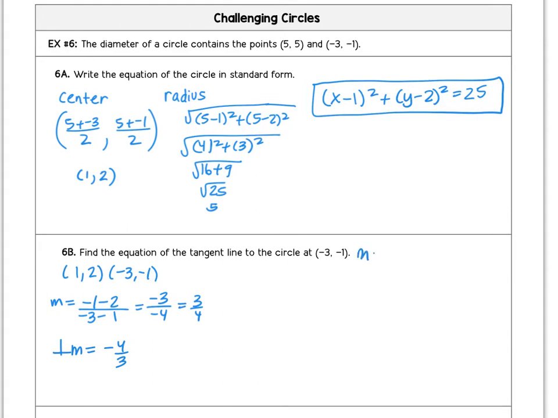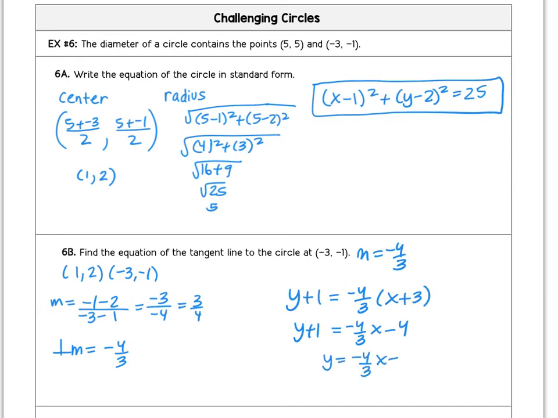So m is -4/3, that's my point, so y minus -1 equals -4/3 times x minus -3. And then all I do is clean it up, and move the 1. There we go.